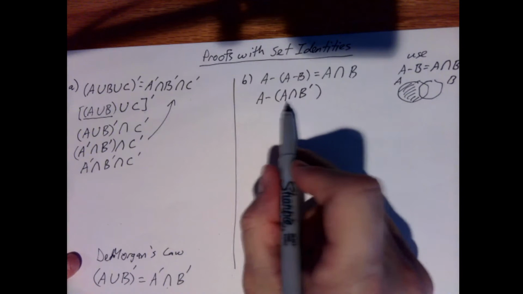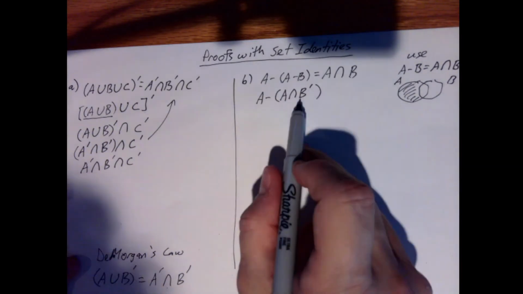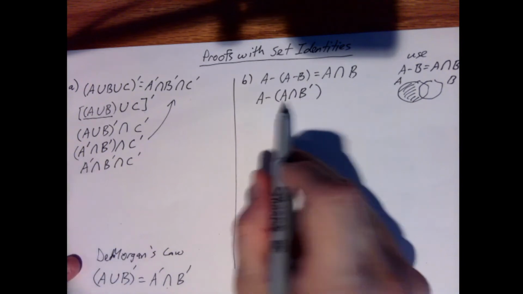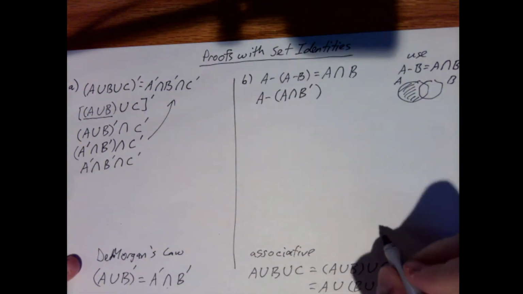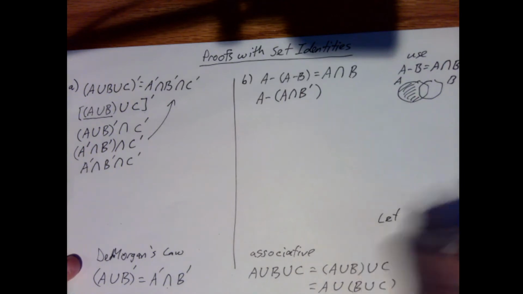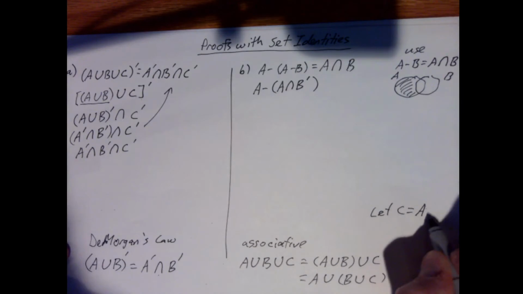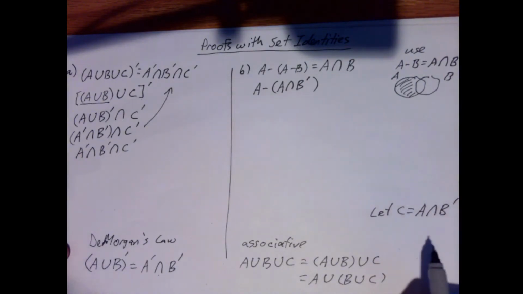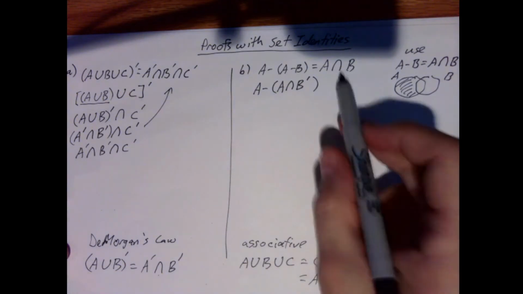If I were to think of this as being a set, which it will be, it might be the empty set, but there's going to be some set, this intersection here. If it were C, for example, so let C equal the intersection of A and B, well then we would have A minus C, and I can do the same thing I did before.